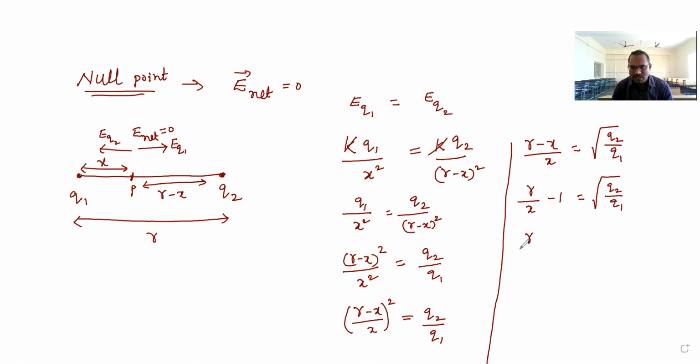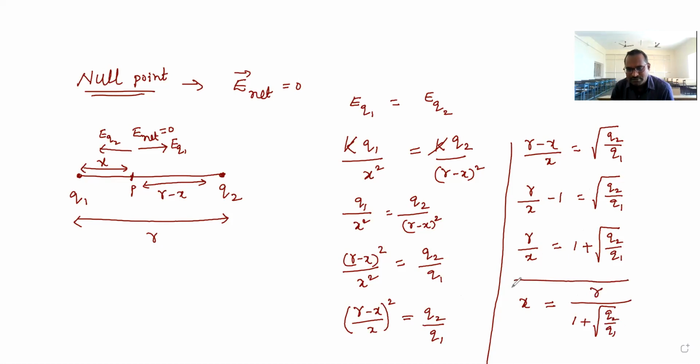R by x is equal to, minus 1 going to the other side, it will become plus 1, that means 1 plus root of Q2 by Q1. But what we want is x, that is the distance from Q1. So x will be equal to, exchanging their positions, r divided by 1 plus root of Q2 by Q1.